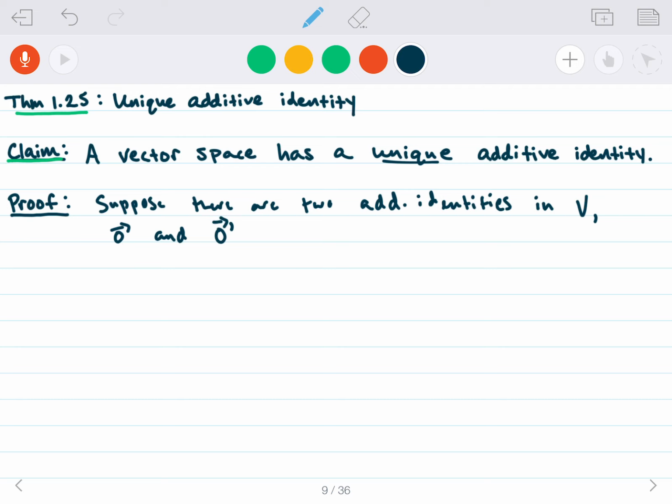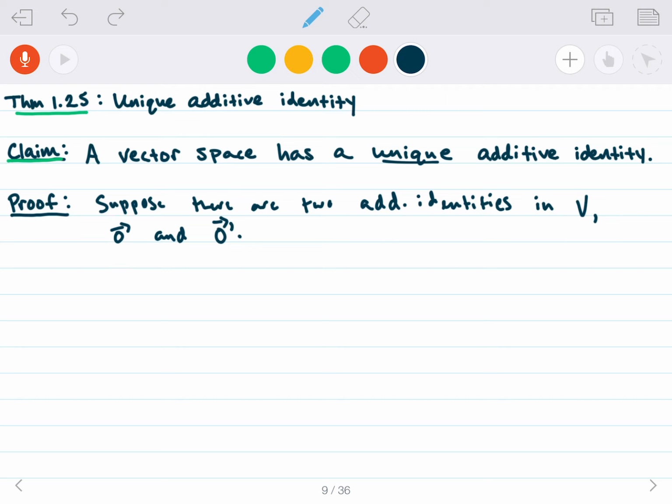And again, I'm just using the little arrow over there to show that these aren't necessarily the number 0. It's a vector, right? Because our vector space can be many dimensions. So anyway, suppose that there are two. We want to show that these two have to actually equal each other, and thus there's only one additive identity.